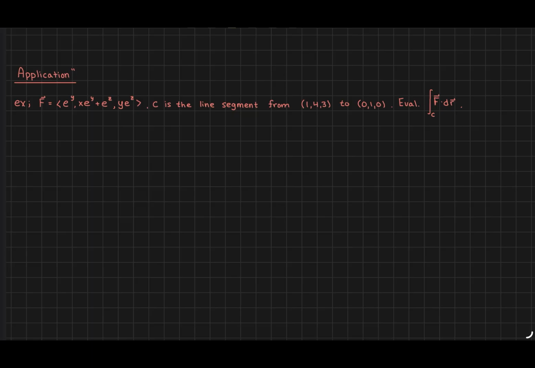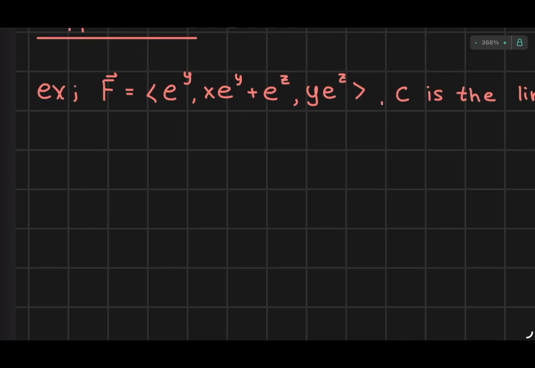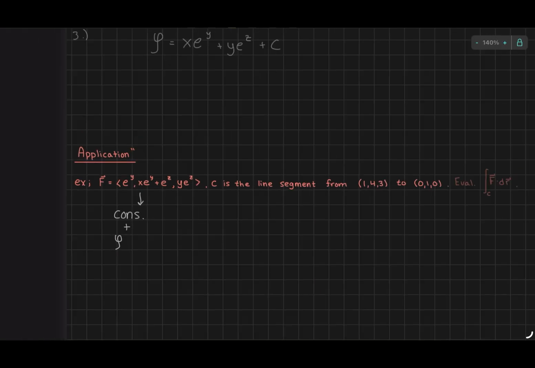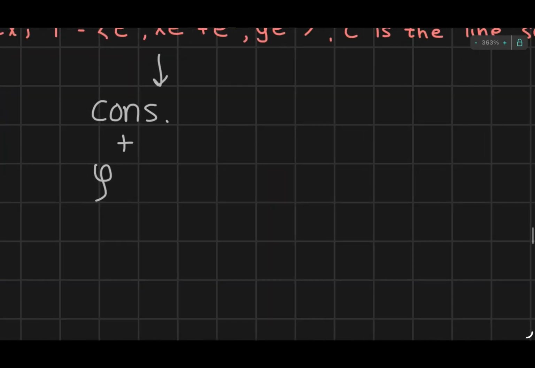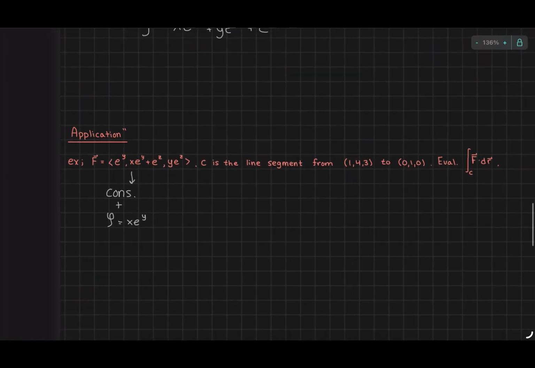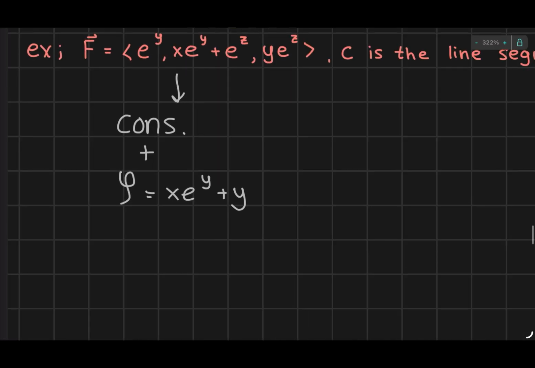Well, earlier we checked that this is conservative, so we already know that this is conservative. Not only is it conservative, but we found phi. We found our potential function given up there, so that's going to be x e to the y plus y e to the z, plus c. C doesn't really matter though. So that's our potential function there.